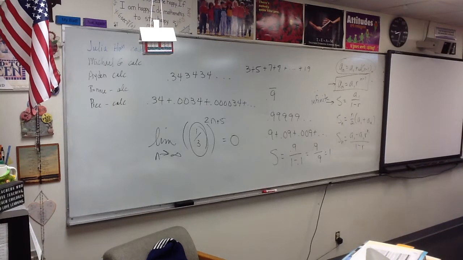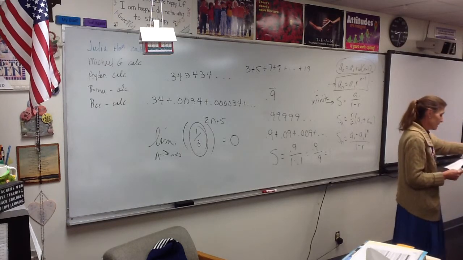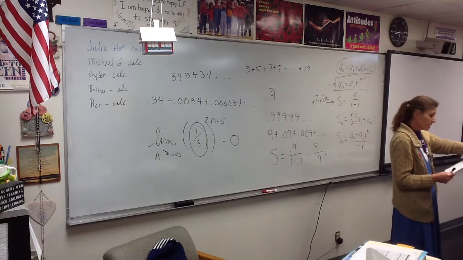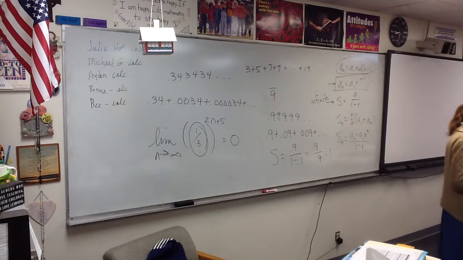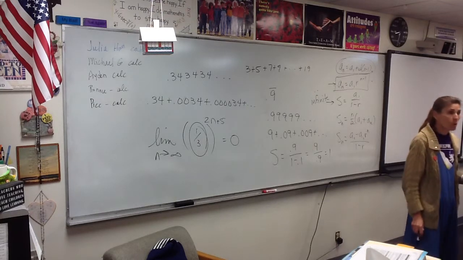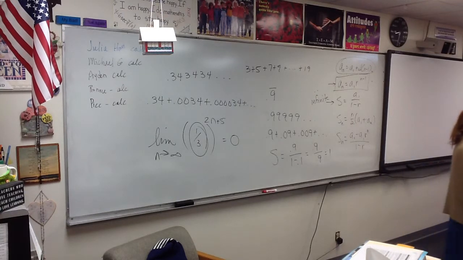Number one, divergent, no limit. Everybody good on that? Yes. Number two, zero. Everybody okay? Number three, 6/5. Number four, 7 and 4/7. What is the limit of 8? 8.